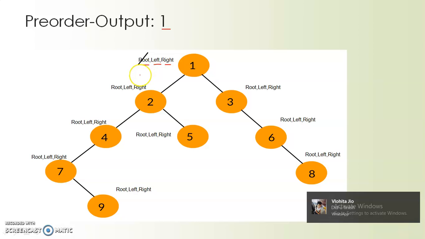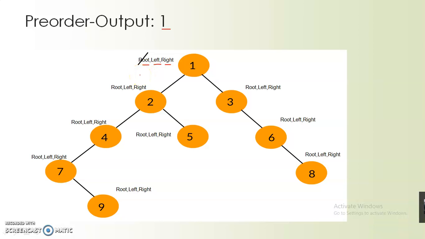For easy understanding and easy traversing of the tree, write it down like this: for each and every node, write down root, left and right. You will easily remember that preorder is nothing but first root, then left, then right.